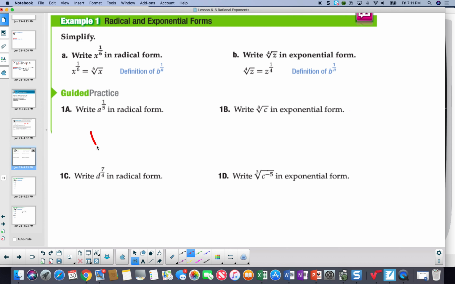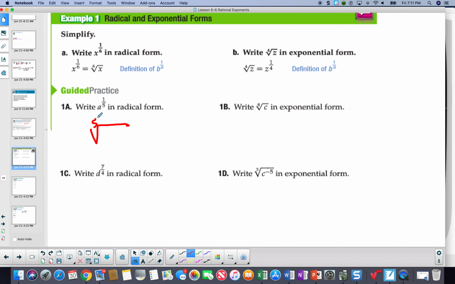So this would be the 5th root of a. In this expression, this is a root. We want to change it to exponential form, so it's c to the 1/8 power, the fractional power. In this case, our fractional power is 1/4. So this is the 4th root, because that's that 1/4, and then we'll have d to the 7th power.